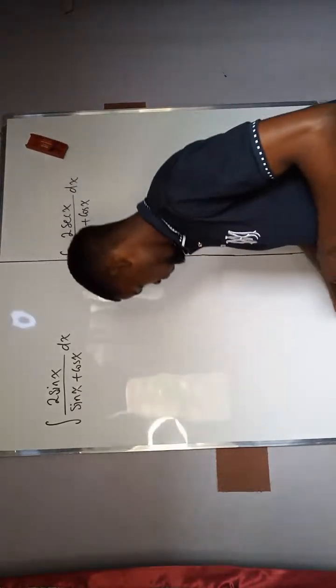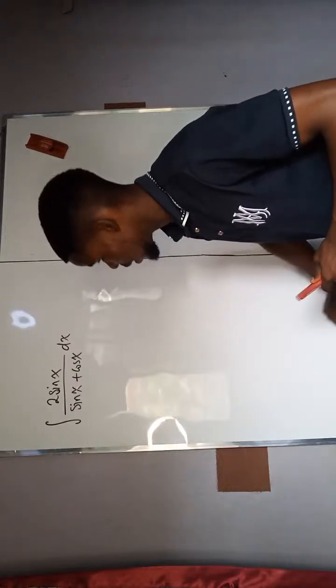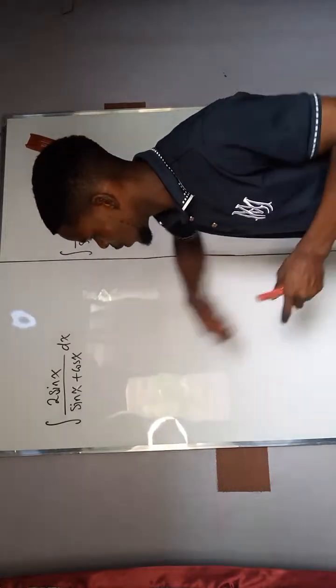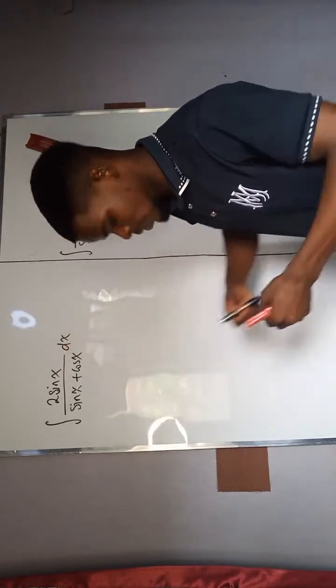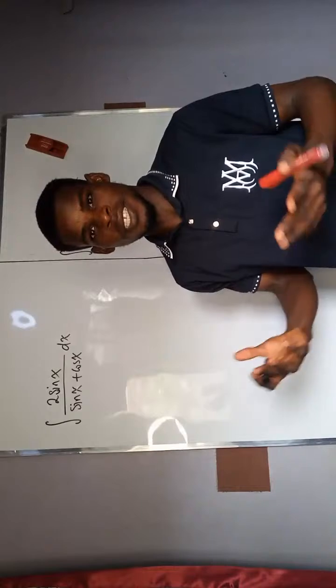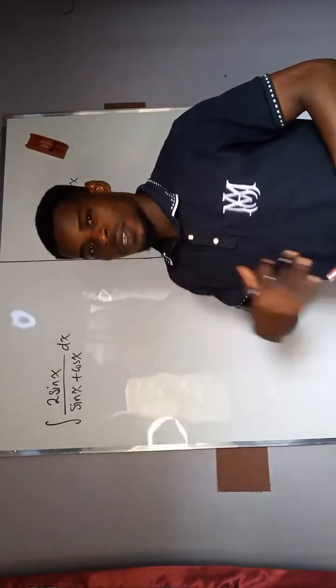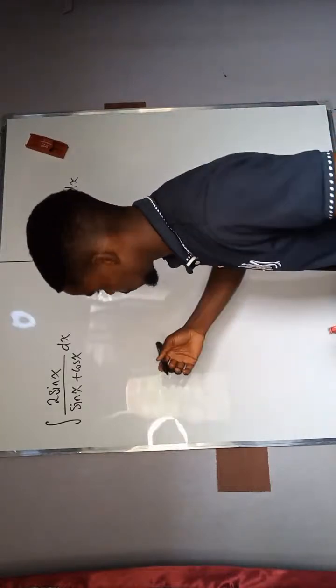Well, this is not that bad. And with integrals, you just have to keep working on examples. I think I've done something like this before in one of my videos on integrals some time ago.